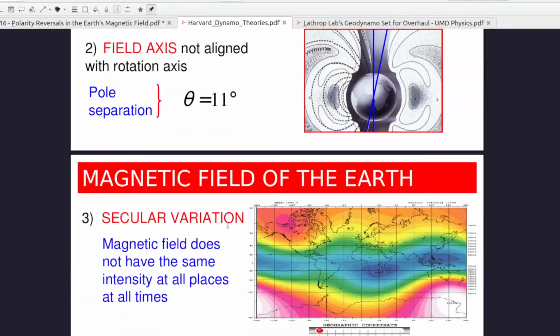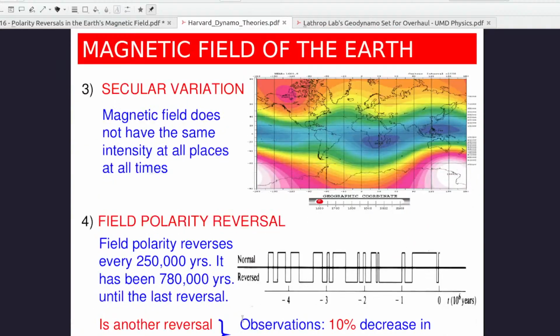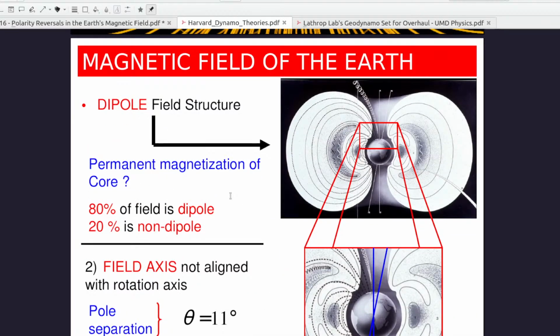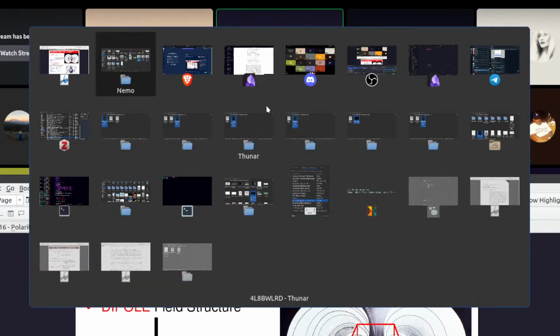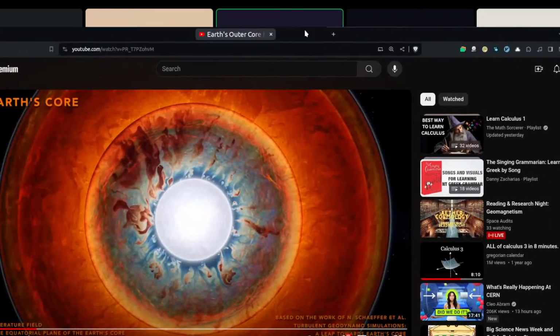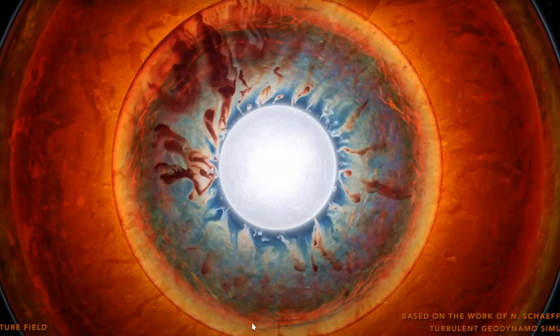So laminar resistance would be like, you've got your Earth spinning around its axis, and due to laminar flow, the inner core should automatically align with that, and the field generated by that rotating inner core should match the axial alignment.